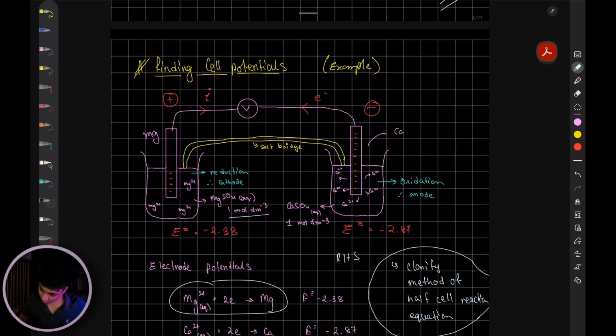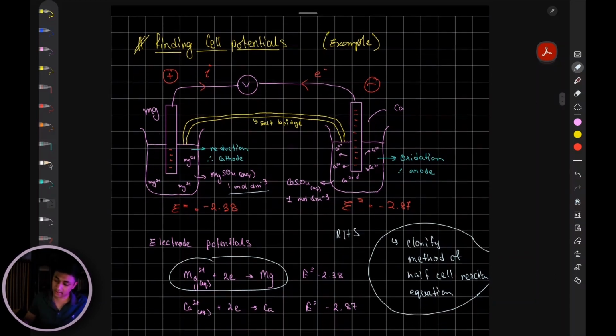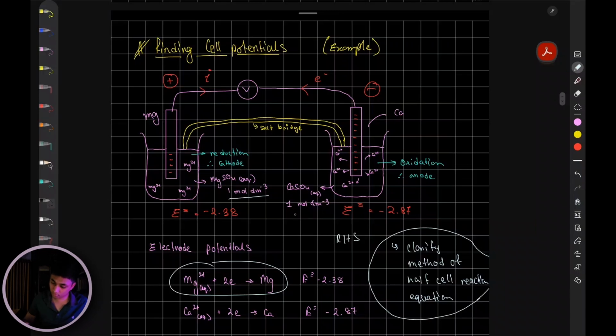Great. Now on the other side, the right hand side, you have a calcium electrode and you have a solution of 1 mole per dm cube of calcium ions. How did we make 1 mole per dm cube of calcium ion concentration? We basically used a solution of calcium sulfate.